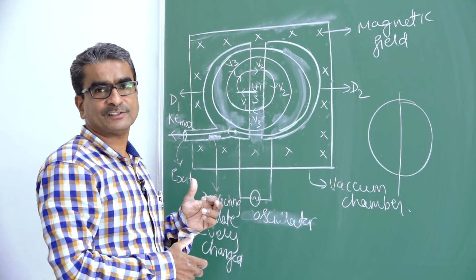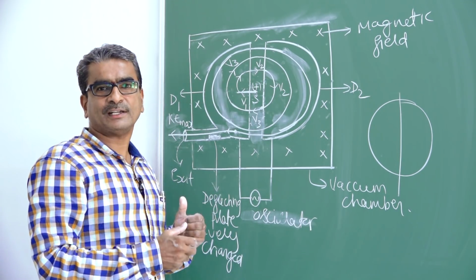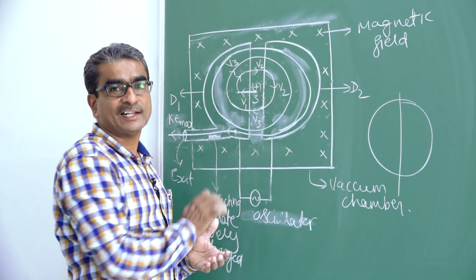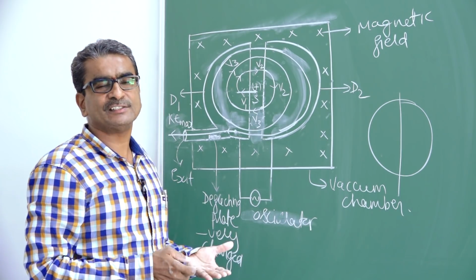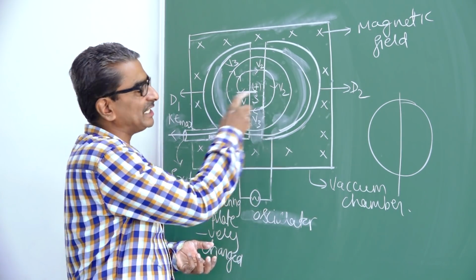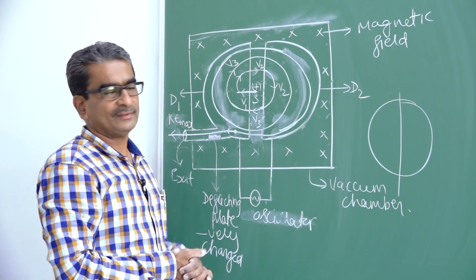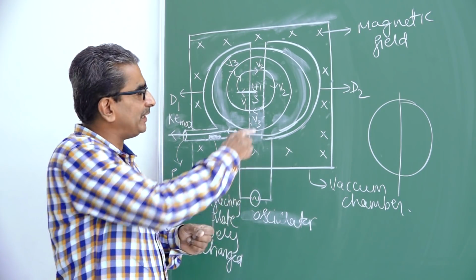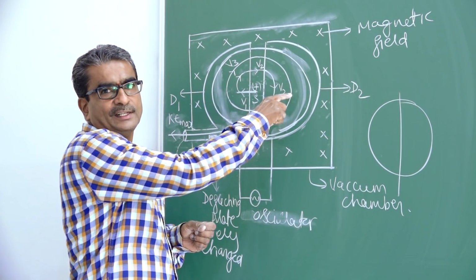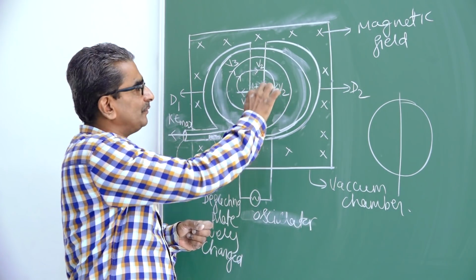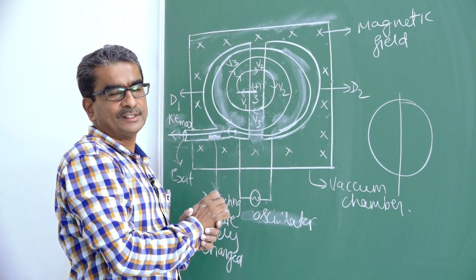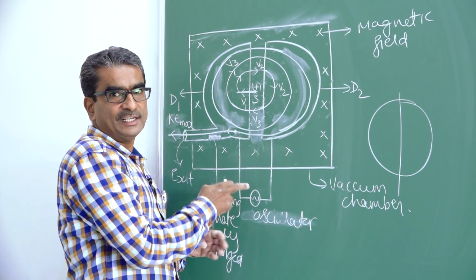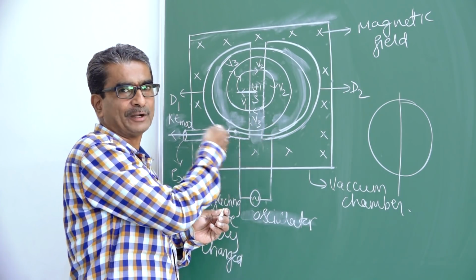Then the second thing is, each time the particle velocity increases only while moving from one D to another D. There is no increase in the velocity of the particle inside any one of the Ds. And the third one is, the magnetic field is going to deflect the charged particle from its straight line path, whereas the electric field produced by the oscillator is going to accelerate the particle.